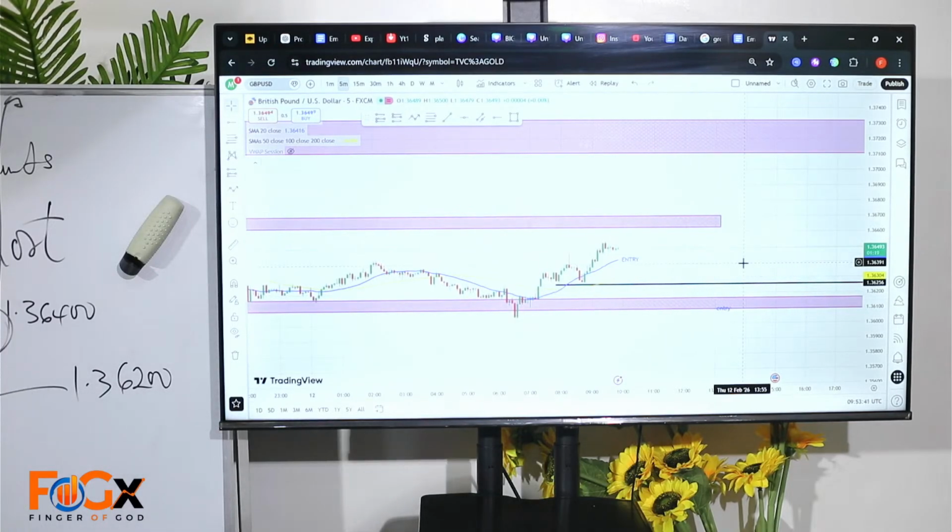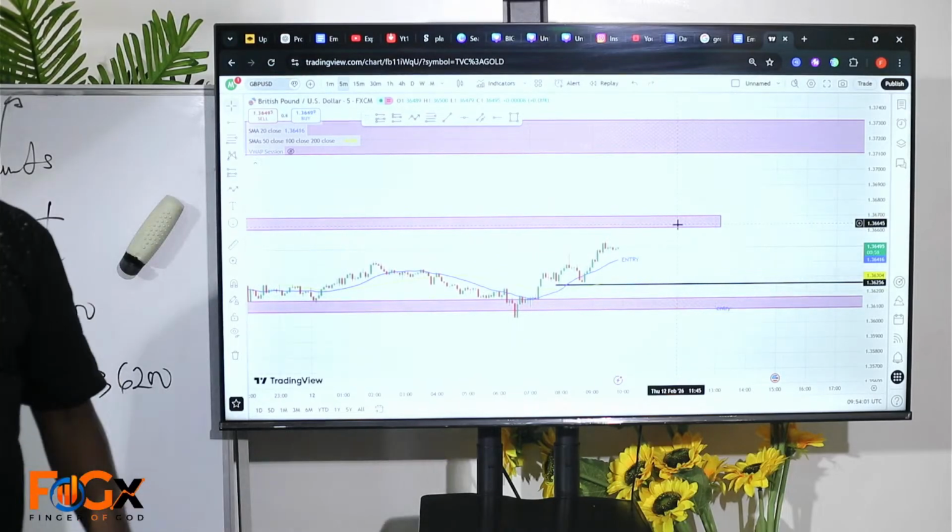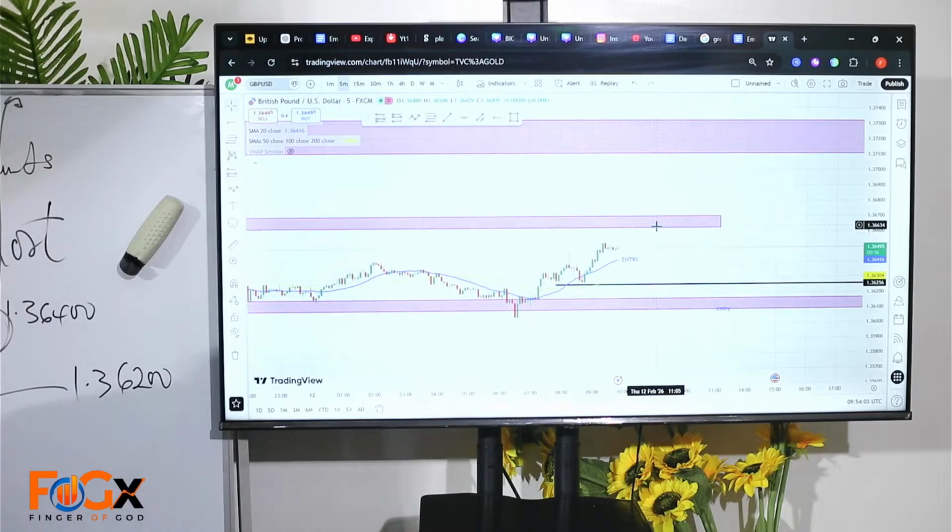There are 2 take profits, or there are 2 trades. The first take profit is 1.367. You can put it at 1.367.